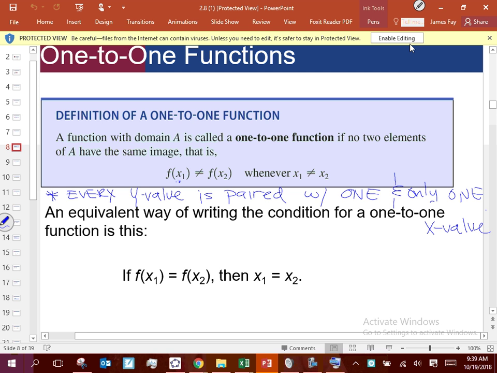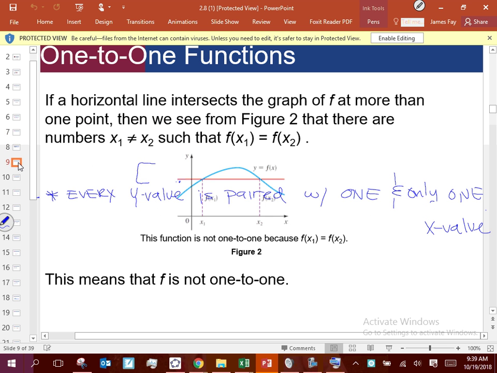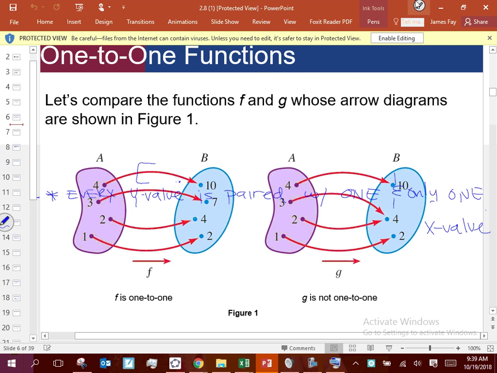This blue phrase here is what they're saying algebraically: no two y values are ever equal when your x values are different. When that happens, the function is referred to as being one-to-one. What is nice about one-to-one is that we can see it in a couple of different visual representations. Think about this one.